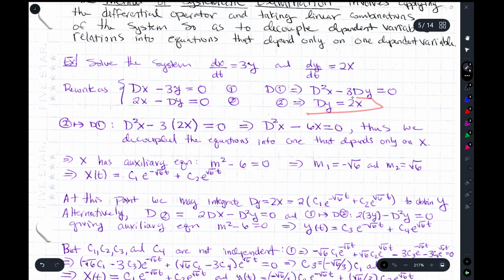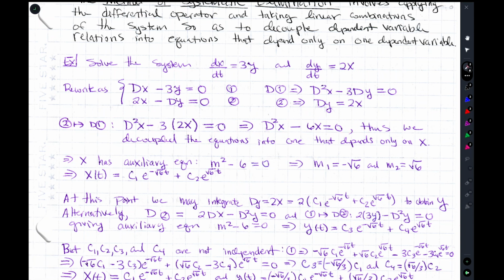Okay, so this Dy is equal to 2x, and we're going to plug it into that first equation, and when we substitute 2x for Dy, we get this equation here, okay?